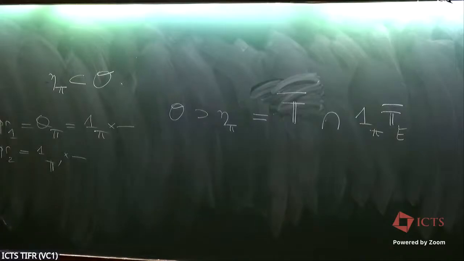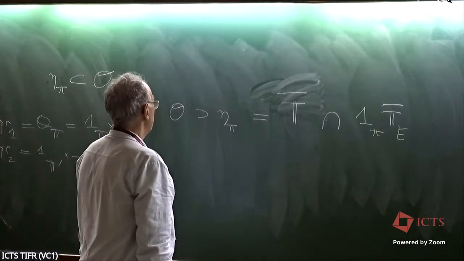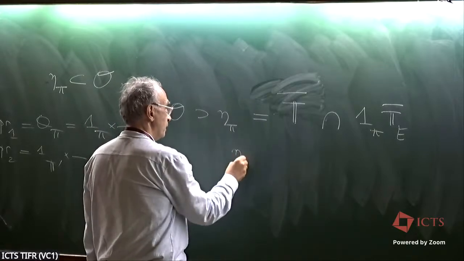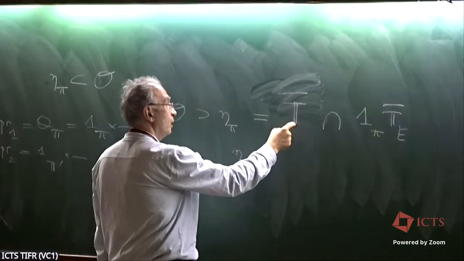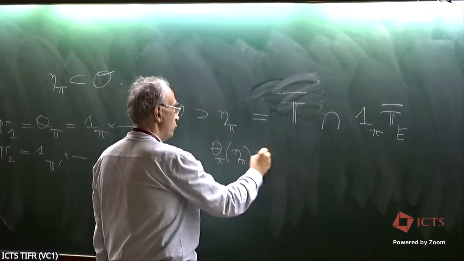Why is eta pi contained in O? Because eta pi is an element in here for which, if you apply theta pi, you get itself.